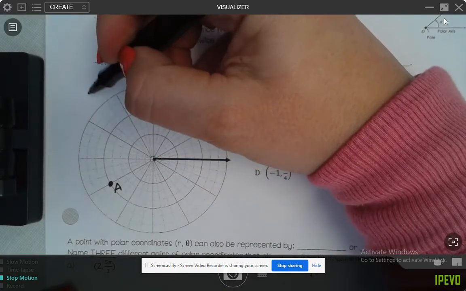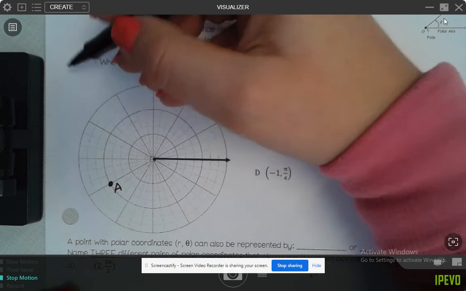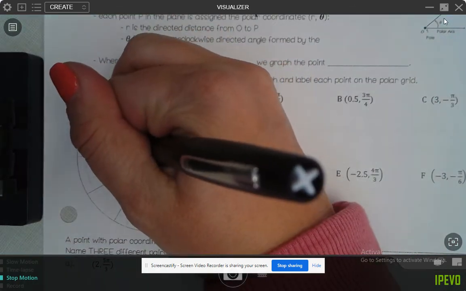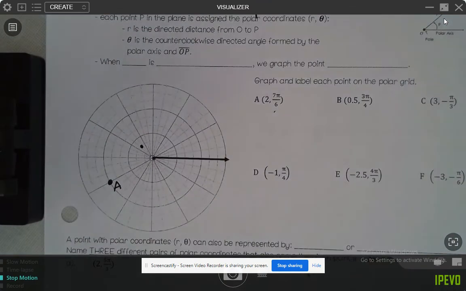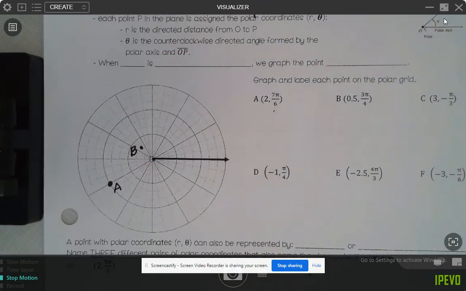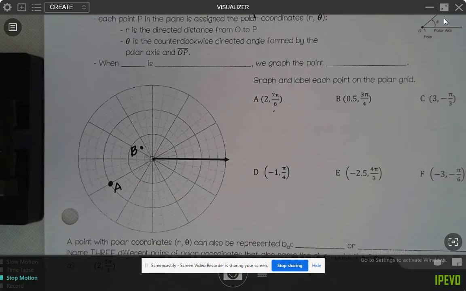Does everybody see where I am? 0.5 is halfway in between 0 and 1. There's point B. Pi over 4 is never going to be on there. You're going to have to go halfway in between.